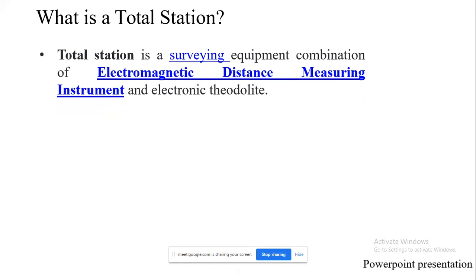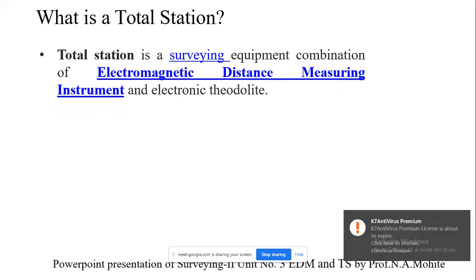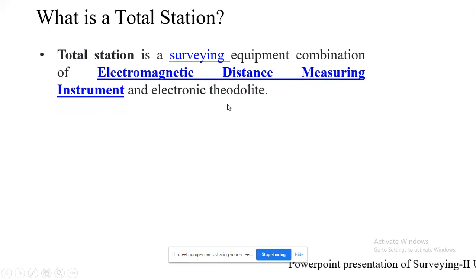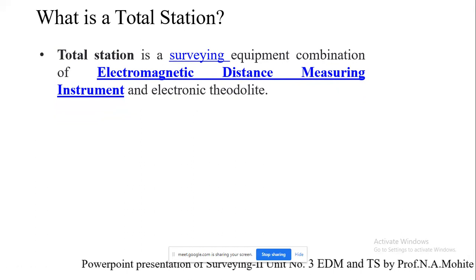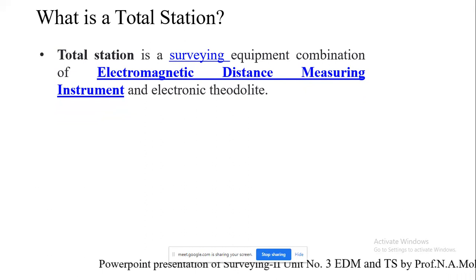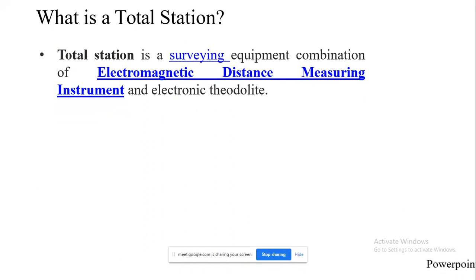EDM we have seen, that is the electromagnetic distance measuring instrument, and the theodolite which we use is a regular one. An electronic theodolite is just the previous model of the total station in which we get digital readings. So instead of noting down the readings which we see on vernier A and B, all the readings are shown digitally on the screen. That is an electronic theodolite.